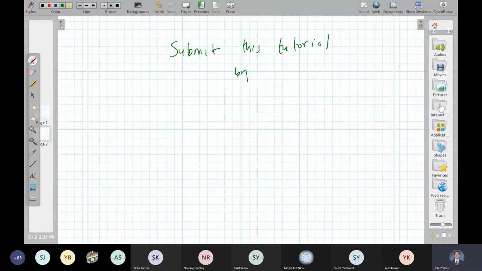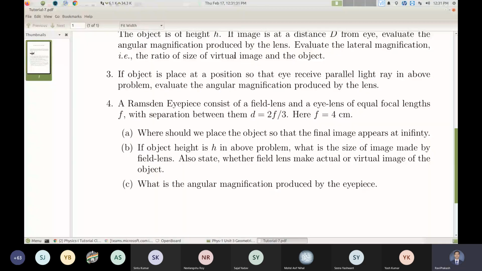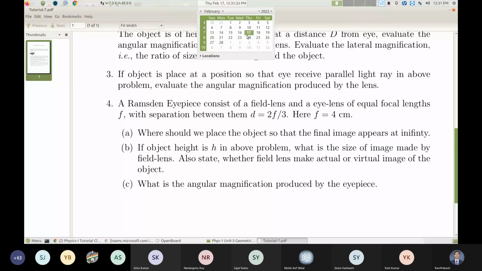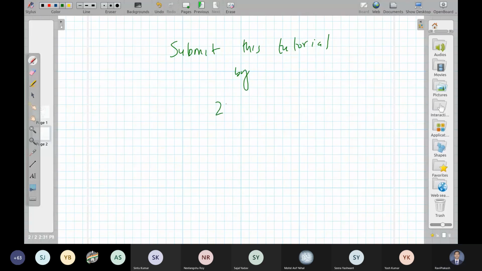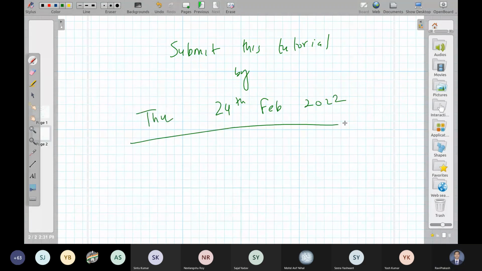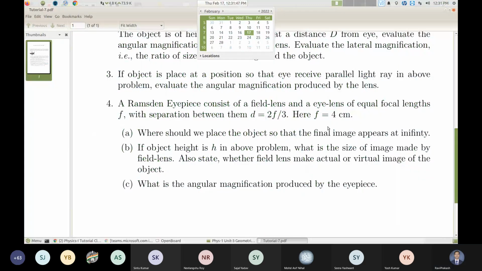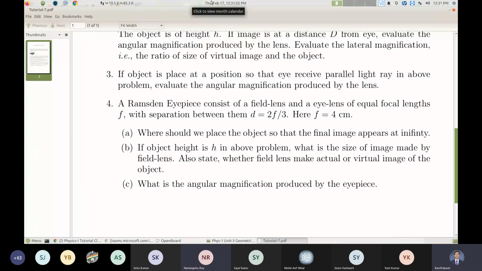You have to submit this next week. When do you have to submit? 24 February. All of you. Sir, yes. Please put this in the assignment section also. Okay, I'll make one assignment. Yes, sir. Both tutorial 1 and 2, and this tutorial, tutorial 7.